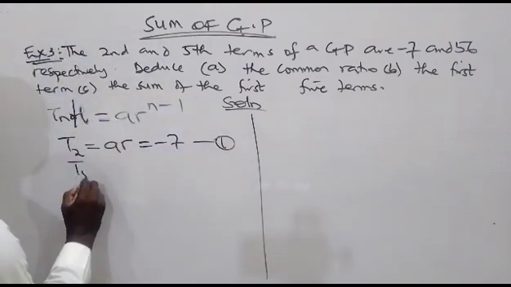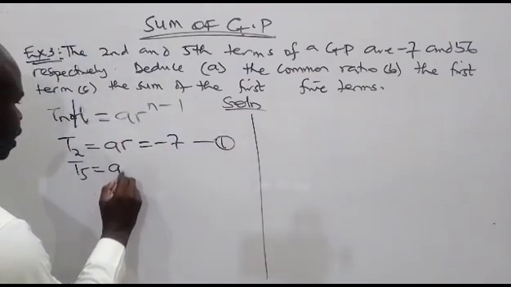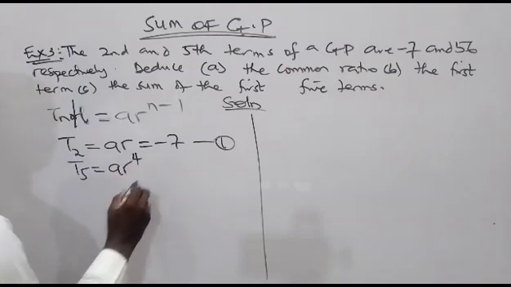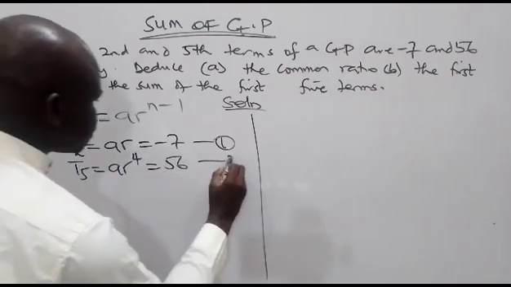Then the fifth term, T5, will be AR^(5-1), that's AR⁴, and that one is given as 56, equation 2.